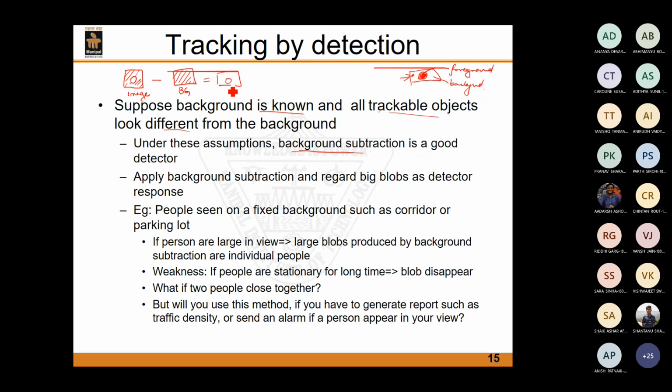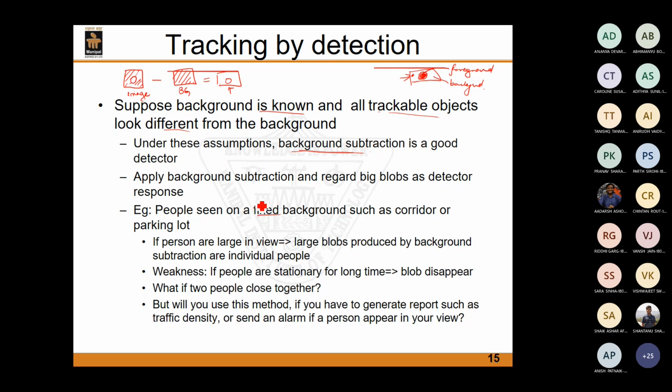It's a very simple method, but again, as I said earlier, it comes with a lot of assumptions. One assumption is that the background should be constant, right? Now, what if the background is not constant or not fixed? In that case, this particular approach will not work, because we are assuming that the background should not change.